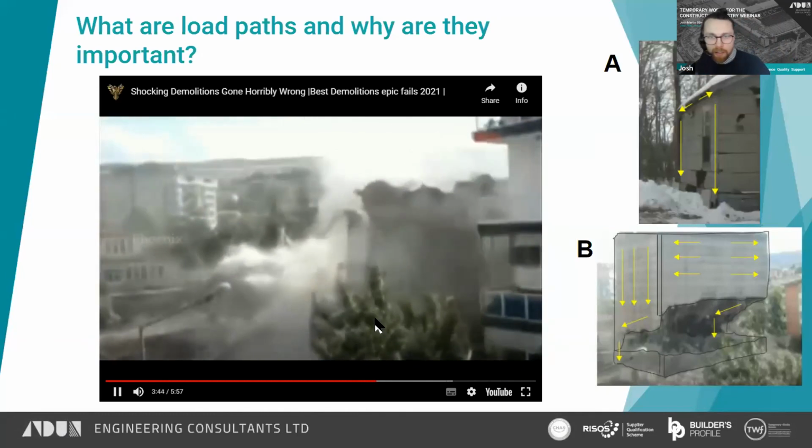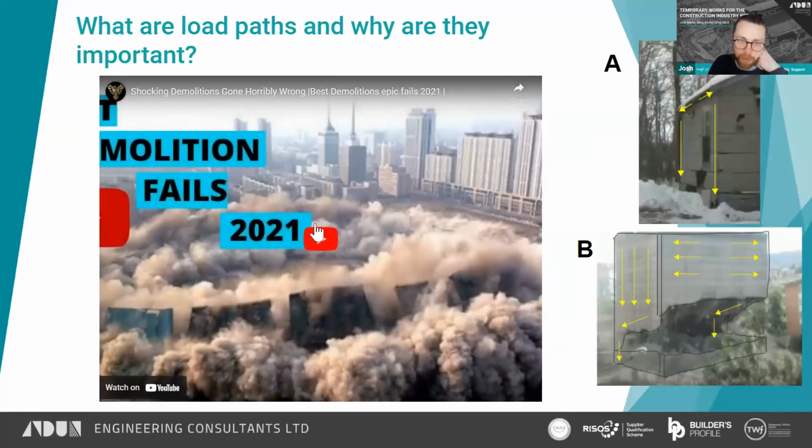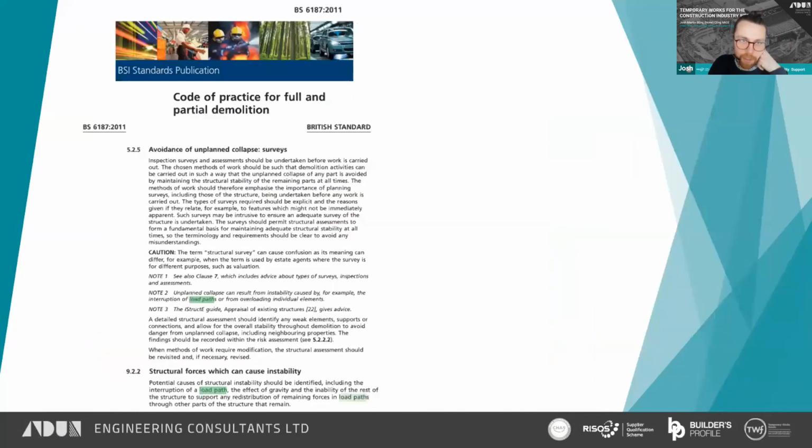I don't think this was the desired outcome, but nevertheless, again, it demonstrates an example of how load paths can change. BS 6187 is the code of practice for full and partial demolition.